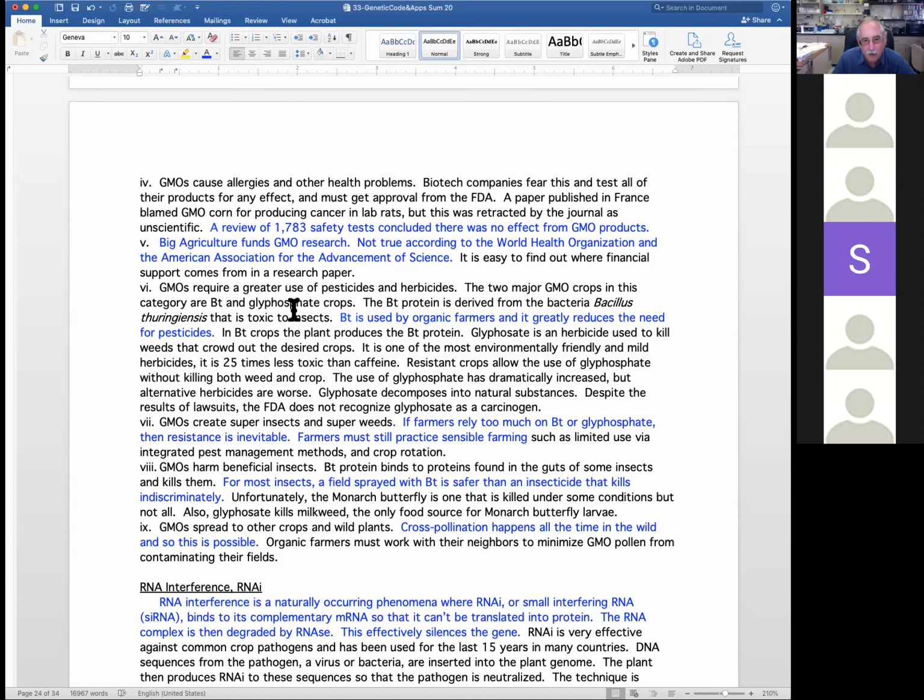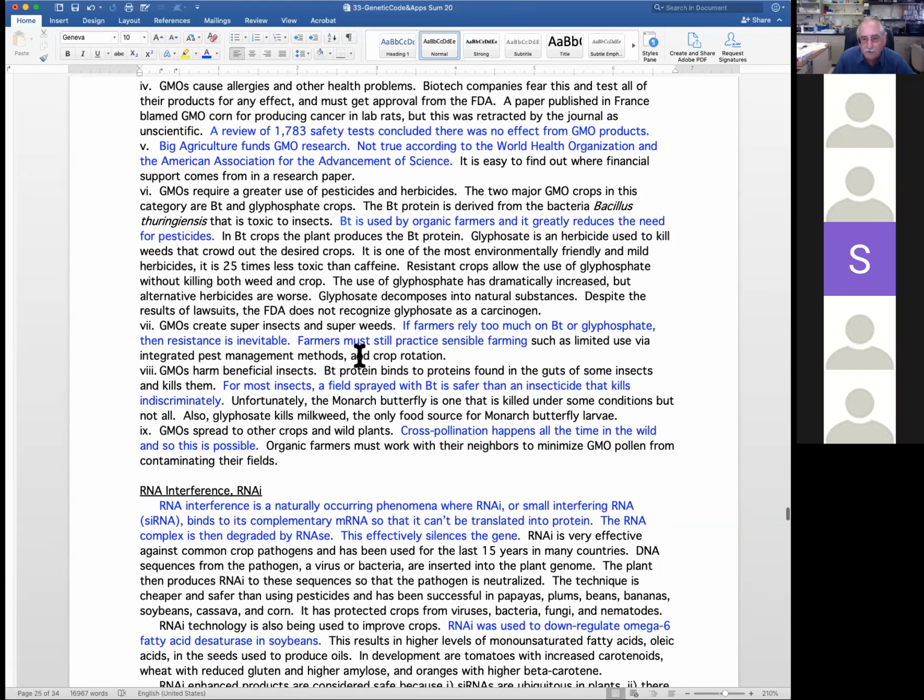So GMOs require greater use of pesticides and herbicides. That's not true either. So here's where that comes from. Bt is a protein that comes from a bacteria. It's toxic to insects. So organic farmers that did not want to use pesticides and herbicides were spreading Bt protein on their plants to kill the insects, thinking that, okay, this is natural, it's not a pesticide.